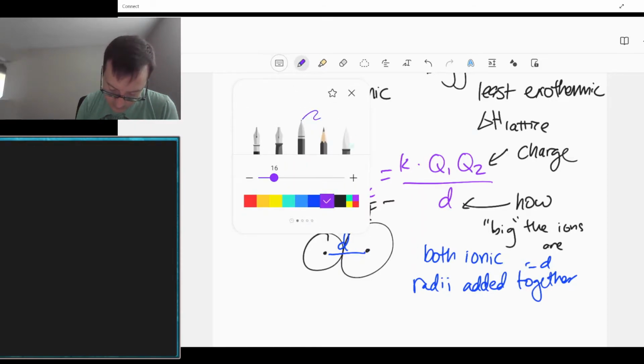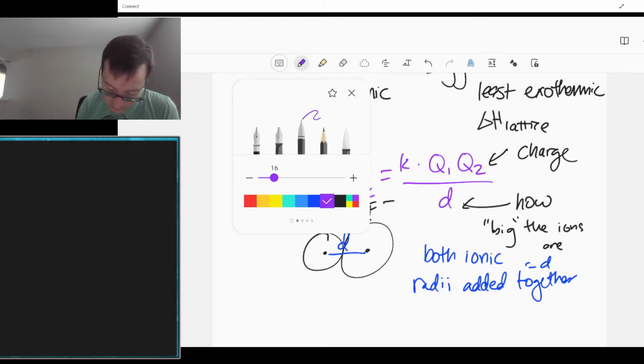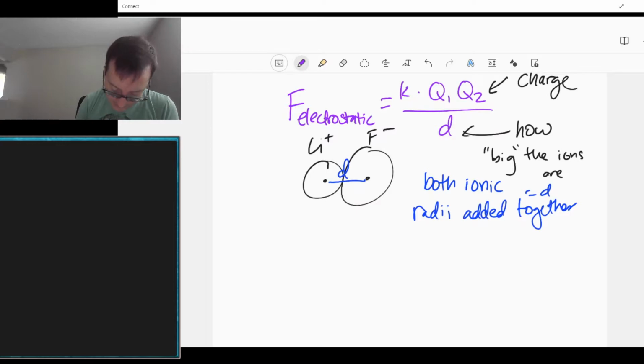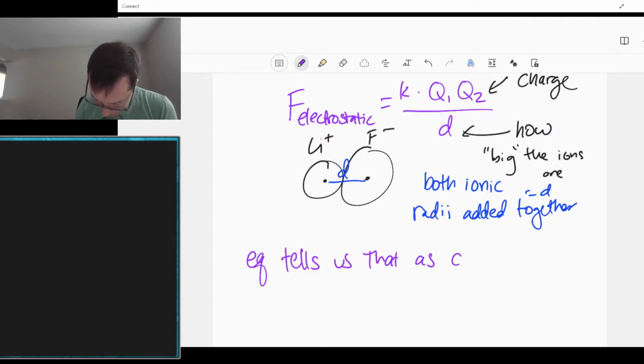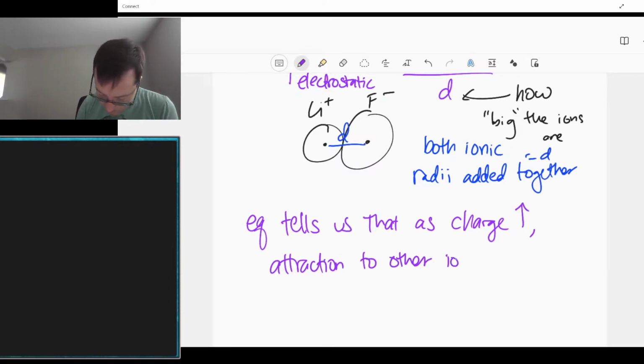So the point, you're not going to use this equation, mind you, but let's look at what the equation tells us. This equation tells us as your charge increases, your attraction to other ions increases.